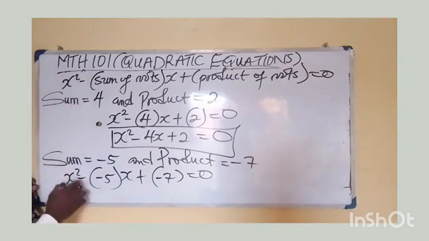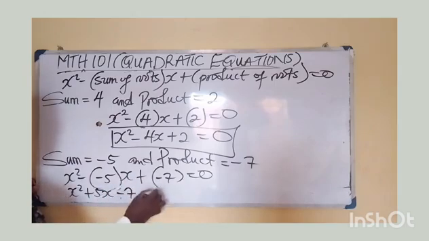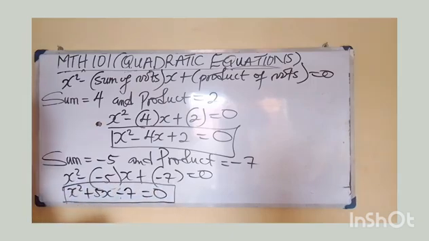So x squared, minus times minus, plus 5x, and plus times minus, minus 7, all equal to 0. So this is the final equation. Please take a good look at it very well.